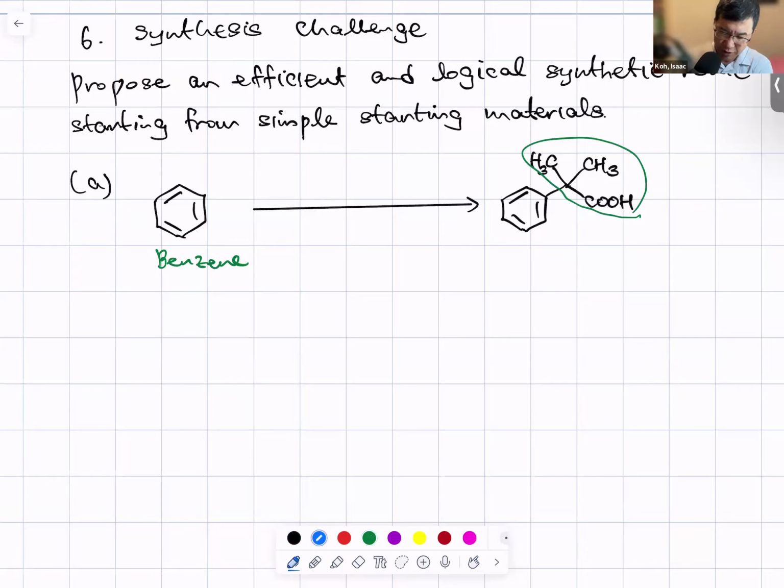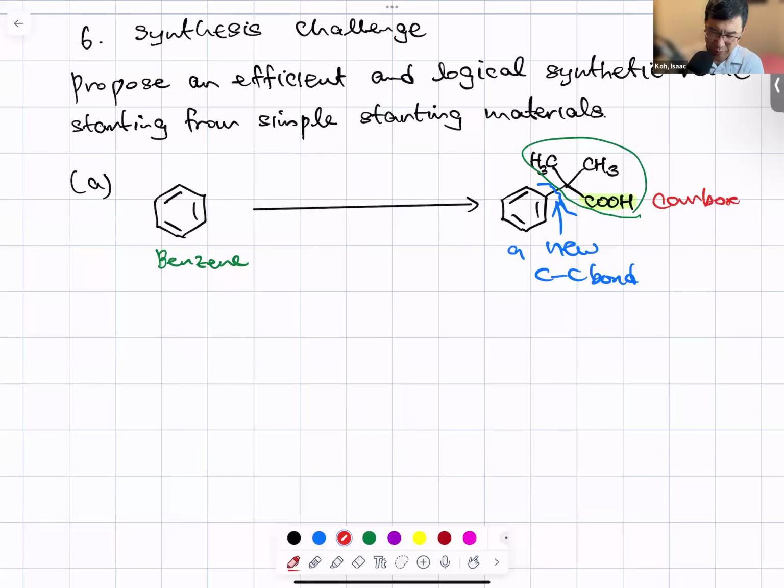This is the new carbon-carbon bond, plus we have a new functional group, a carboxylic acid. So we need to think about these two things. We first need to make a new carbon-carbon bond between benzene and this alpha carbon, and then how can we make this carboxylic acid?